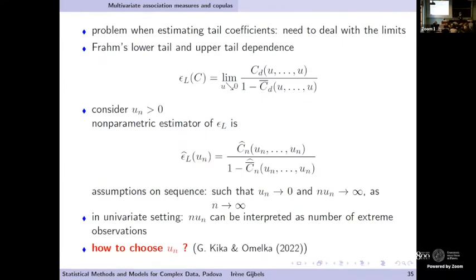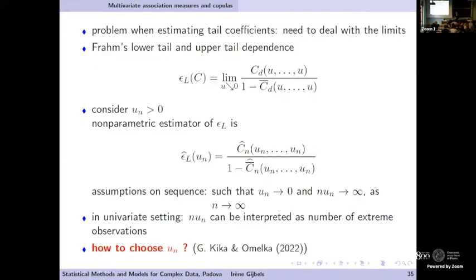I mean, I should do this, right? This is the Frahm lower tail coefficient, right? So how would you estimate that? We know how to estimate a copula. That's the empirical d-variate distribution function based on the pseudo observations. The only thing is I dropped this limit, and you replace u by a sequence which goes to 0. If you want to show consistency, you see that the sequence has to go to 0, but not too fast.